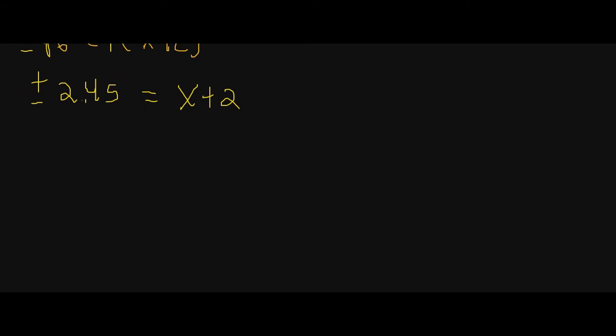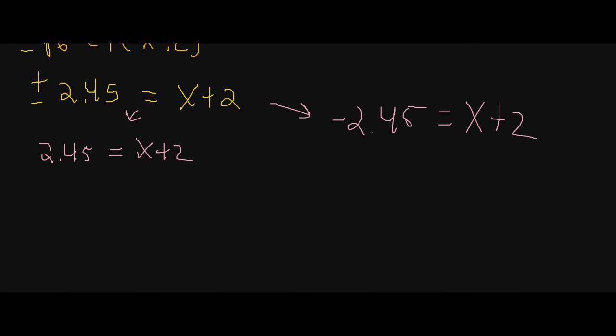Now, just like before, all we have to do is break these up into 2 equations, right? We're going to get the positive 2.45, from this section over here, is equal to x plus 2. And now we're going to get the negative 2.45 is equal to x plus 2. Okay.